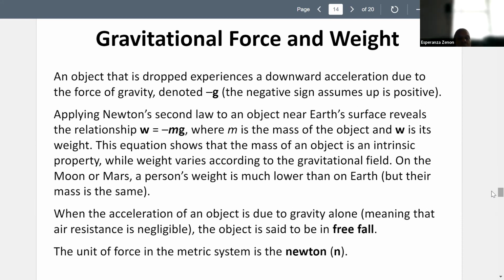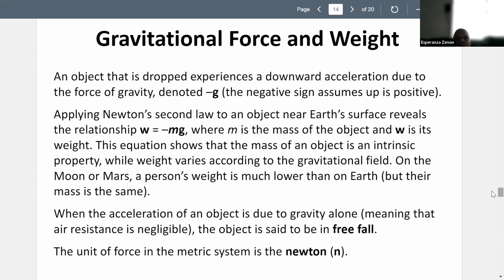So I always have to keep that straight, because we sometimes talk about weight and mass being the same thing. And that's okay, because there's a weight-mass equivalence, because gravity is pretty much the same on planet Earth, right? But from a physics perspective, you really want to distinguish the two.